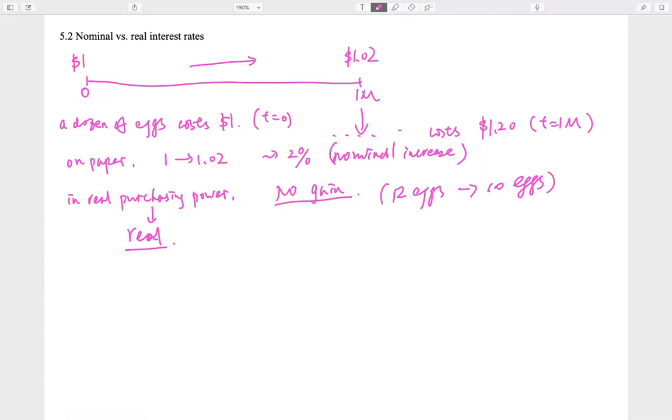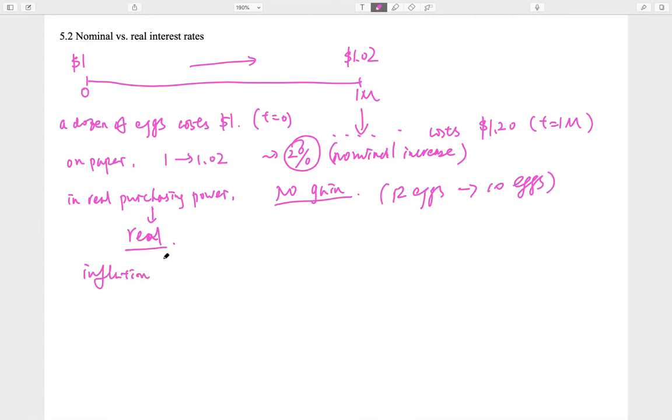But anyway, it's not increasing. So the main purpose of this simplified example is to show that the interest rate you see does not mean your actual purchasing power goes up by the same rate. Okay, that's because we always have some kind of inflation.